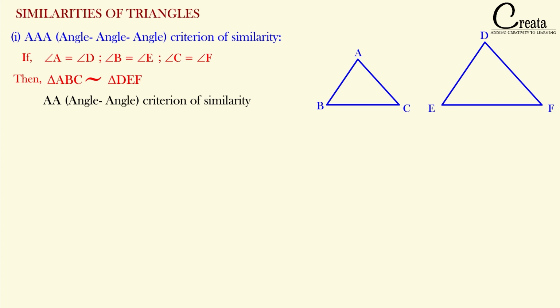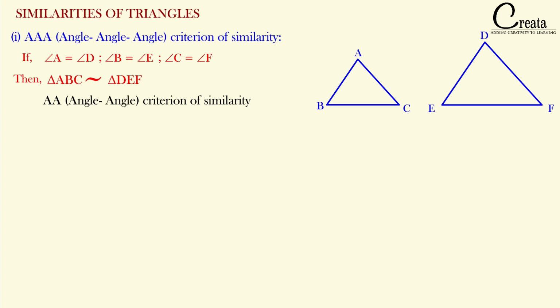Why? Because if two angles are matching, the third angle will automatically be equal because of the property of the triangle, that is, the sum of the three angles of a triangle is 180 degrees. So we can write AAA or AA.